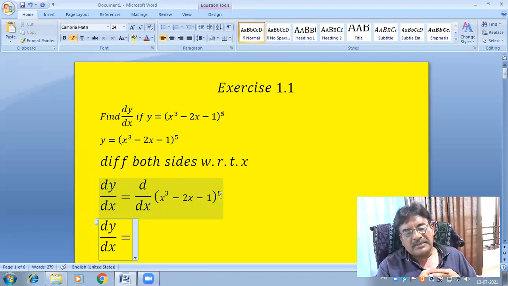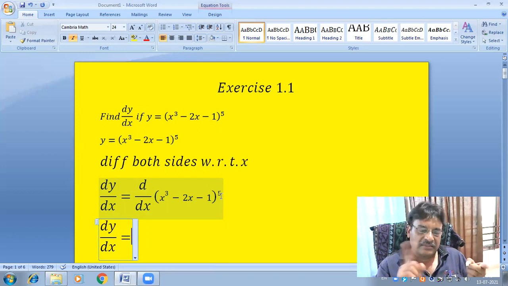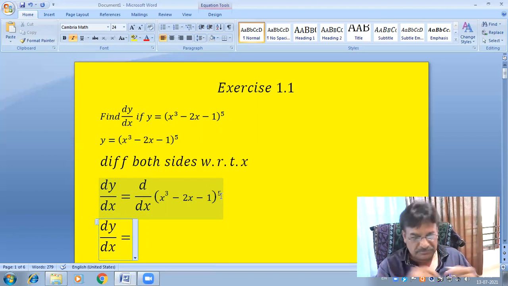We know that ddx of x to the power n is n x to the power n minus 1, or ddx of f(x) to the power n is equal to n f(x) to the power n minus 1 into f dash of x.